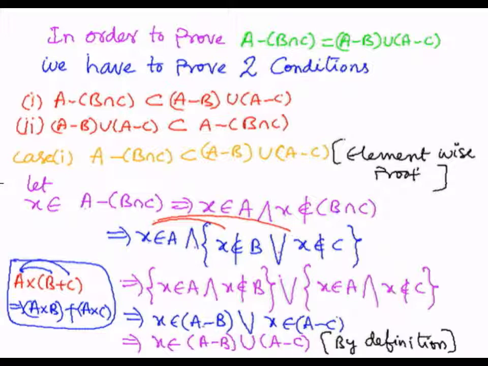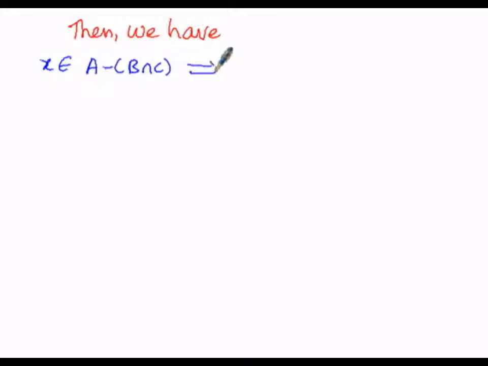Then the next logical step: X belongs to the first set, that is A minus B intersection C, implies the right hand side is X belongs to A minus B union A minus C. From this it is clear that X is an element present in the A minus B intersection C set, and the same element X is also present in the right hand side set, A minus B union A minus C. The elements which are present in the LHS are also the elements of the RHS, therefore the LHS is a subset of RHS.